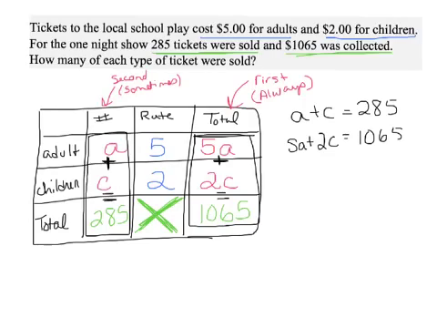So what I could do is multiply the first equation here by -2. I get -2A minus 2C is going to equal 285 times -2, which is going to equal -570.